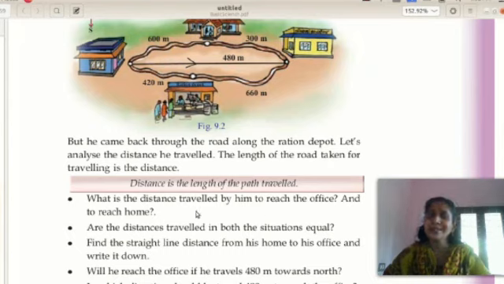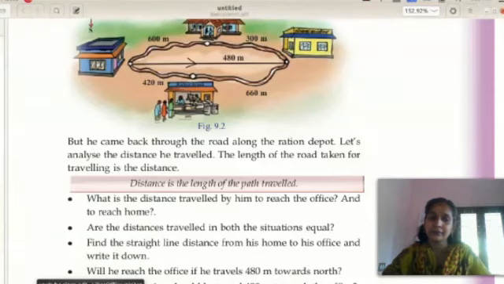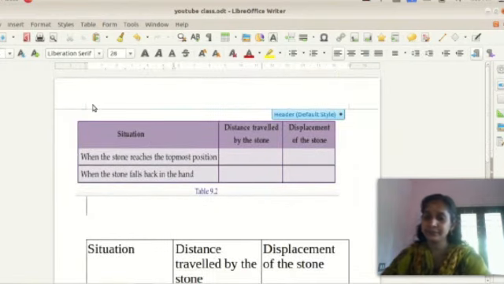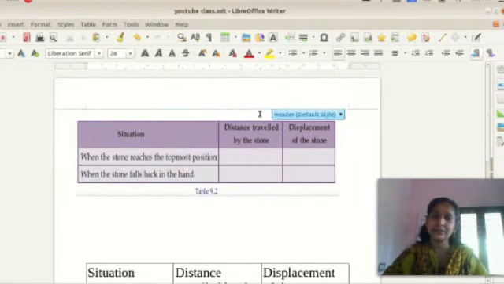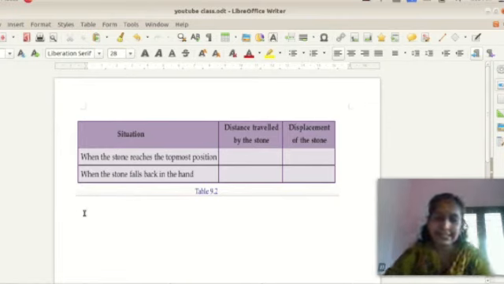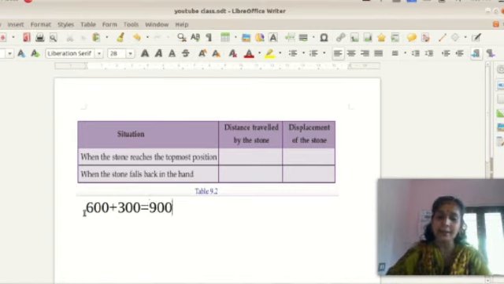Can you say what is the distance travelled by him to reach the office and to reach home? The distance travelled by him to reach the office is 600 plus 300, that is 900 meters.